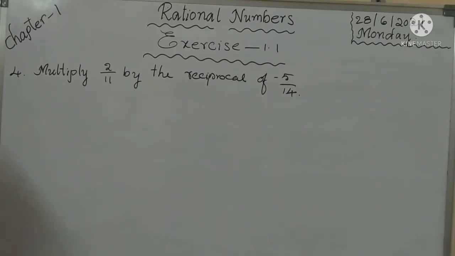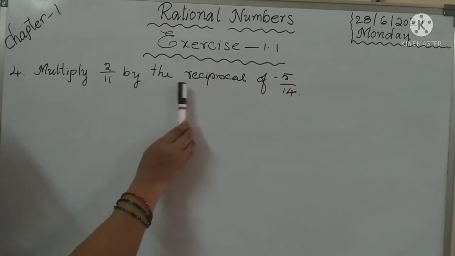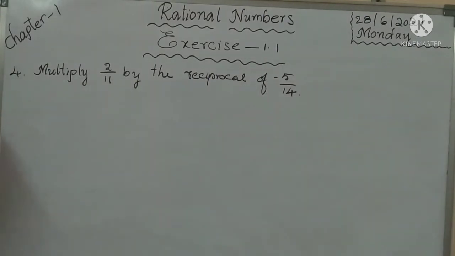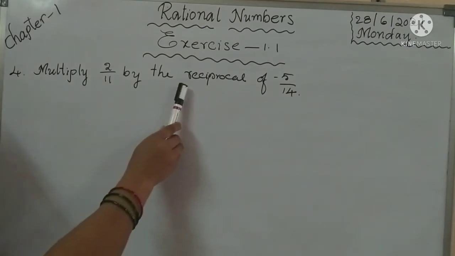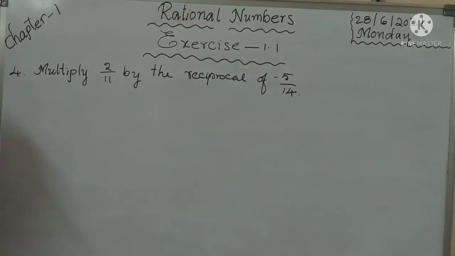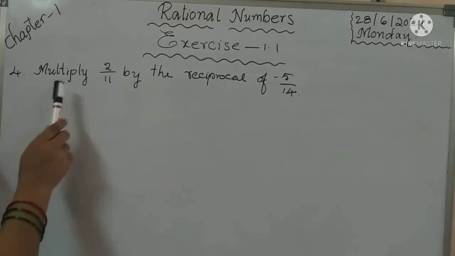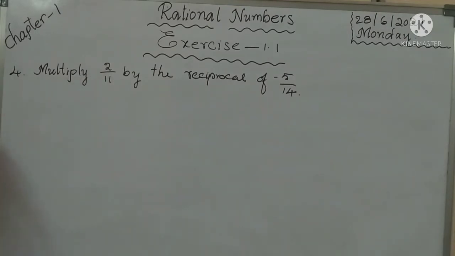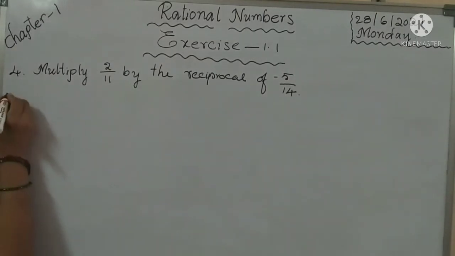First we complete the reciprocal of minus 5 by 14, after that multiply 2 by 11 with the reciprocal of minus 5 by 14. Understand here, this problem, two concepts are there. First one, reciprocal of the solution.